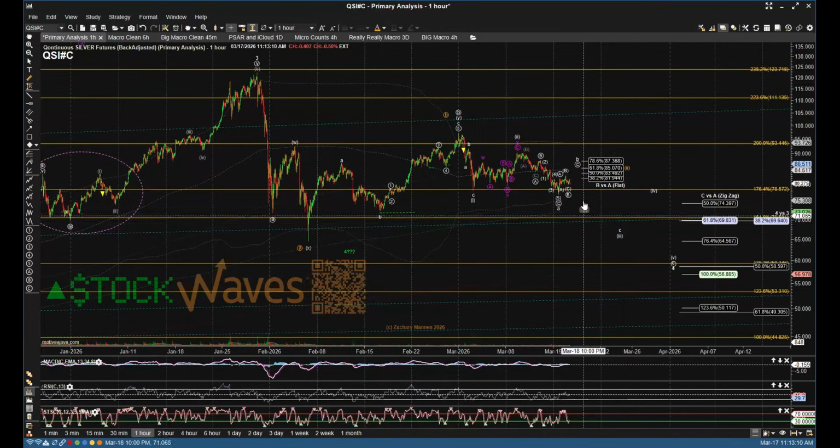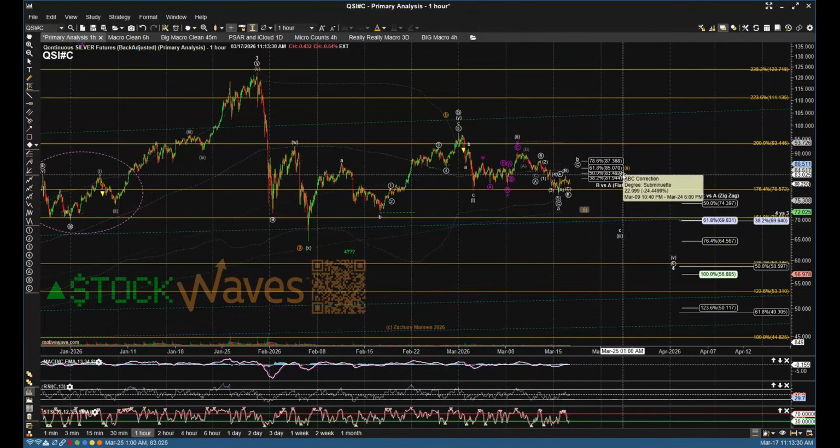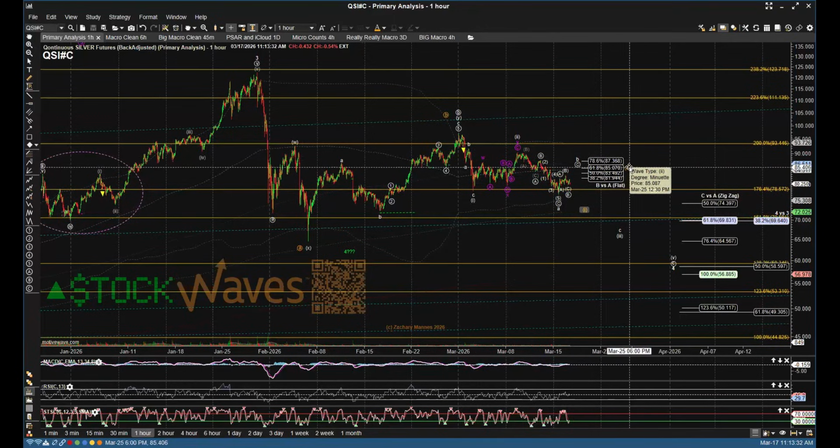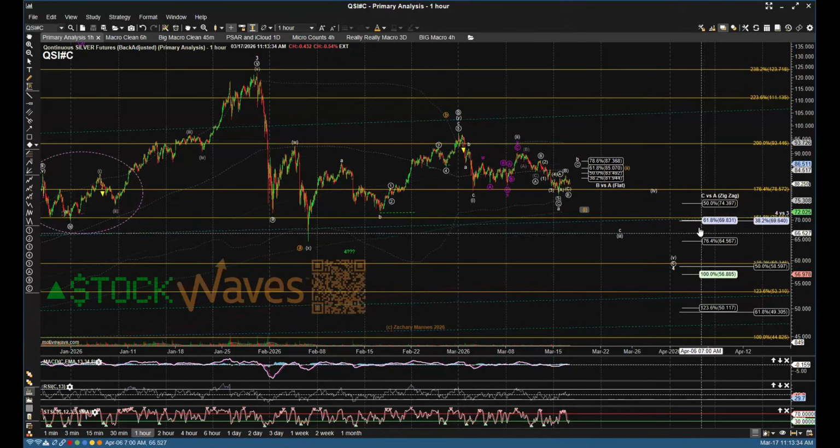Technically, we do have a corrective retrace here if this is part of that alt orange wave one, which would be that bigger ABC down for wave one that we're talking about in gold. And off of this low, even though we only have three waves up, we have a three-wave move down, so this could be bullish support. So I would be looking for a corrective retrace as a wave two and something bearish.